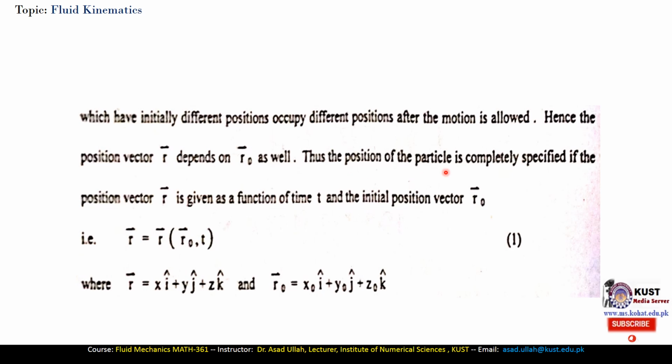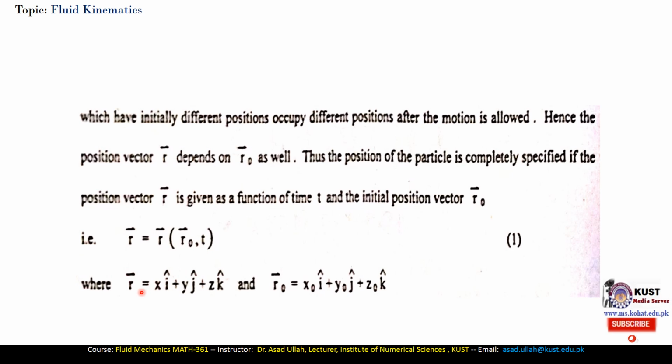Thus, the position of a particle is completely specified if the position vector r is given as a function of time t and the initial vector r naught, as given in equation number 1. Here r is a function of r naught and time t.